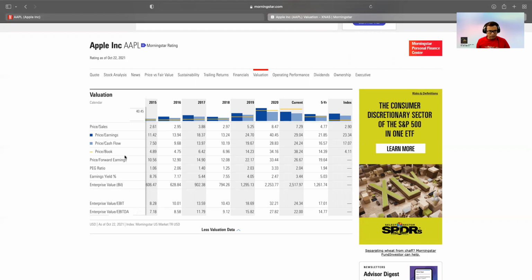So all of this is comparative valuation, relative valuation. With that, we can compare to the rest of the industries. So that's all for how to use Morningstar.